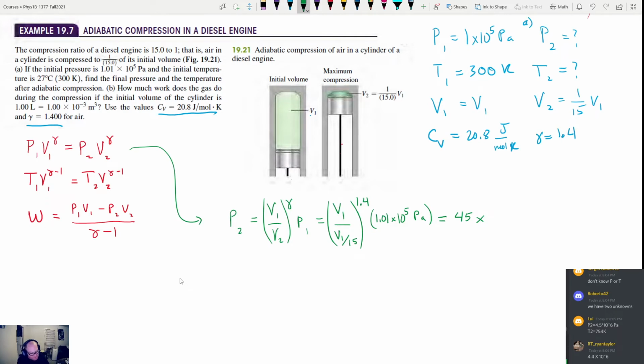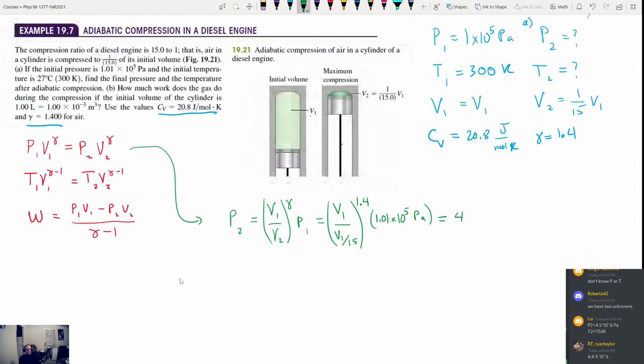15 to the 1.4 times 1.01 E5. I got 4.48, let's say.